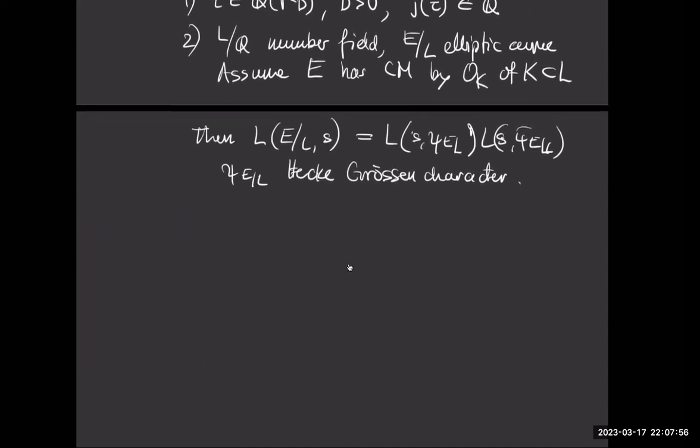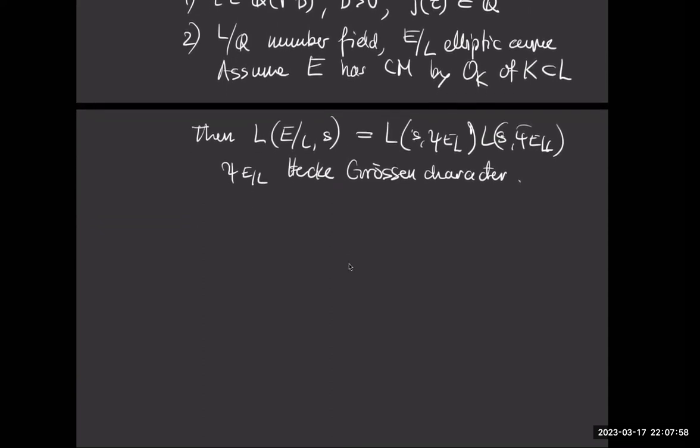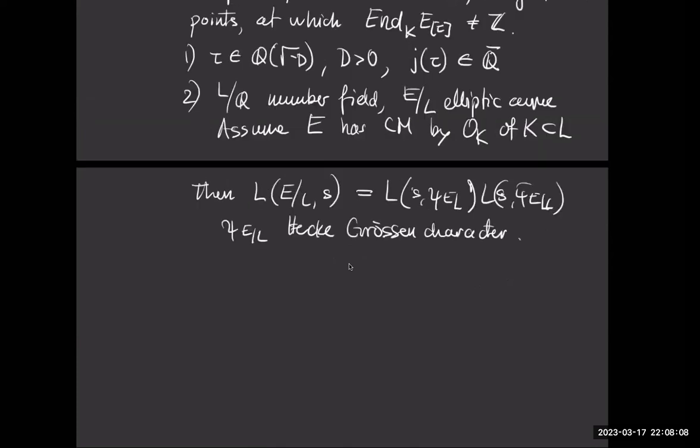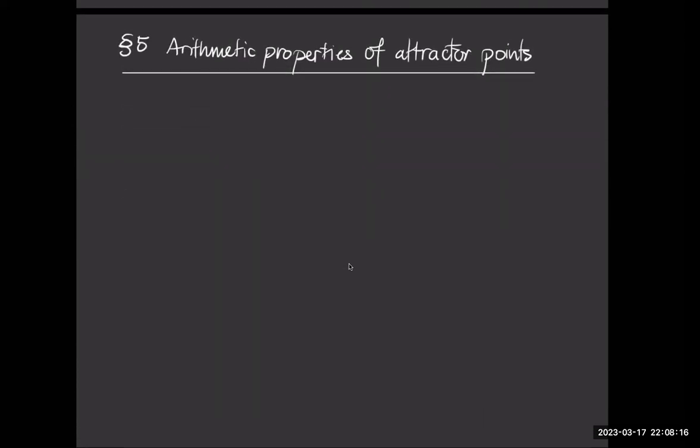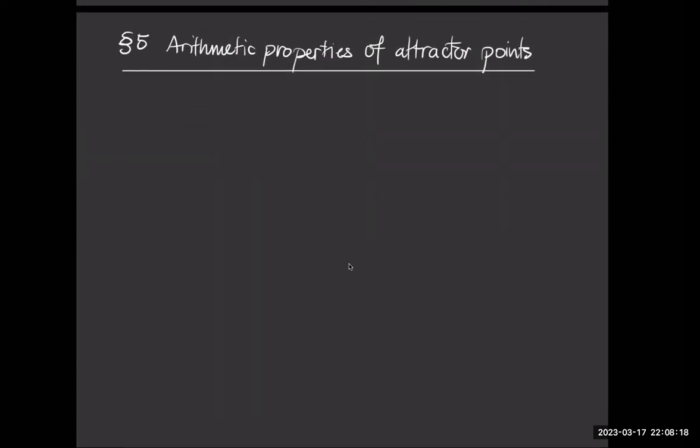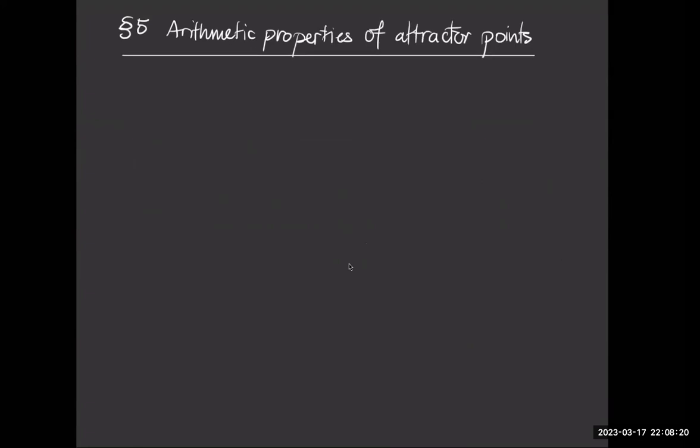So this ends the interlude on elliptic curves, and one could ask the question: which properties that we've now reviewed from the elliptic curves generalize to Calabi Yau threefolds, and how? The idea is to compare these attractor points with the Heegner points.